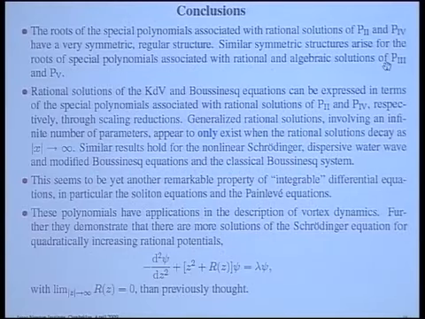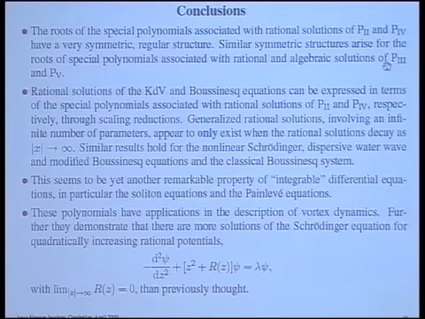Okay. So the conclusion of what I've talked about: I looked at some special polynomials associated with rational solutions of P2 and P4, and they have very symmetric structures, and the same is true of the rational algebraic solutions of P3 and P5. We looked at rational solutions of KdV and Boussinesq, and you can get some generalized rational solutions which involve an infinite number of parameters, but these only exist, or only seem to exist, when the original rational solution is decaying.